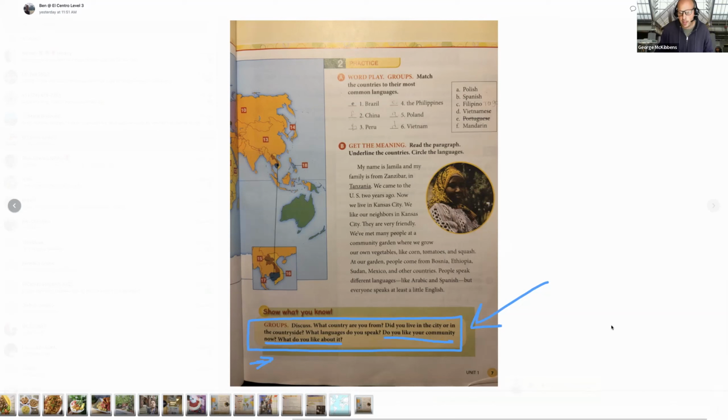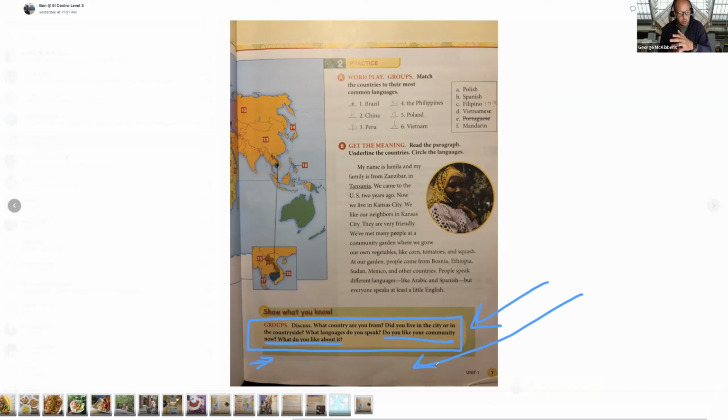So what I'm going to ask everybody to do now, I'm going to put you into breakout rooms and I want you to write below on your books at the bottom, write a few answers to those questions. Try to make a short paragraph. My name is George. I am from the United States and I speak English.